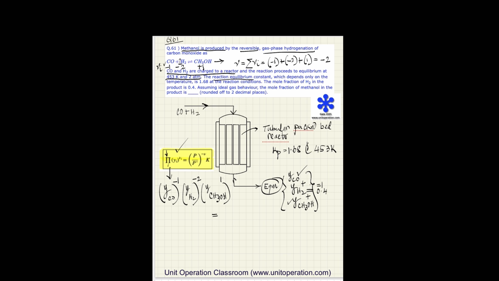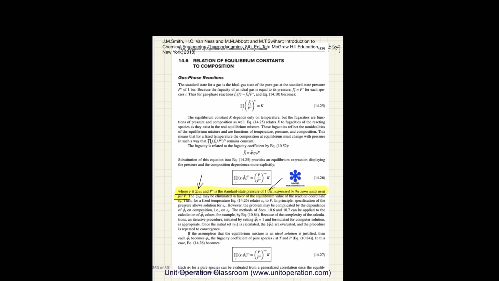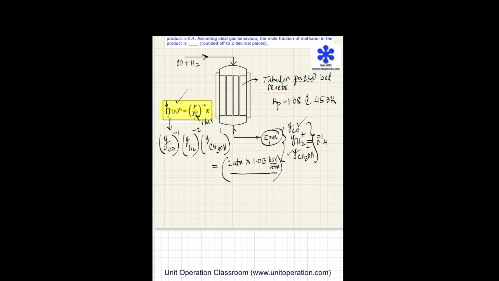This P is 2 atmosphere, which converted to bar is 1.013 bar per atmosphere. P0 is the standard pressure of 1 bar, raised to the power of negative nu, so negative of -2.